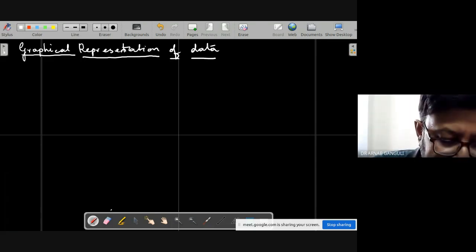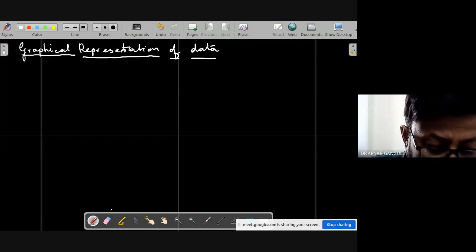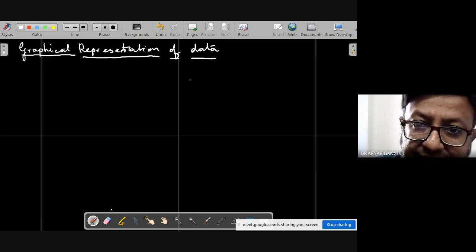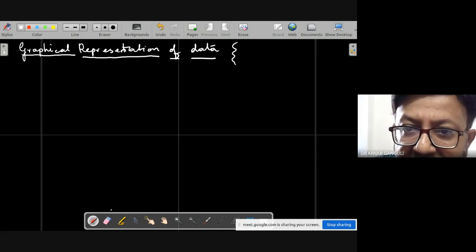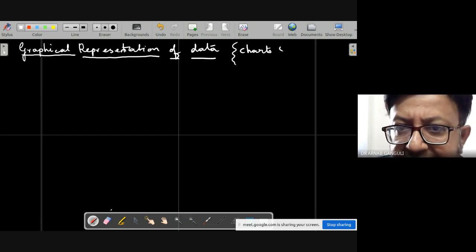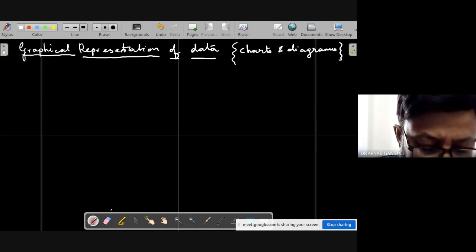So basically, quantitative data can be represented through charts and diagrams.